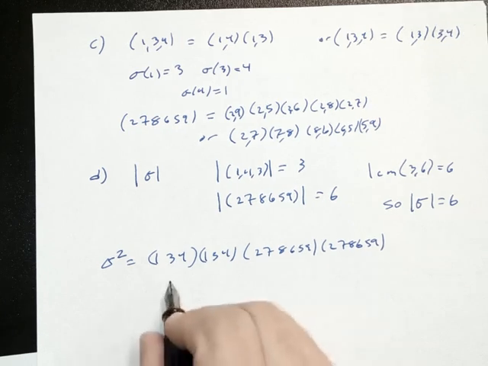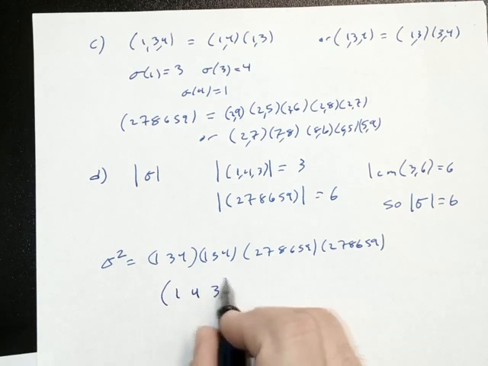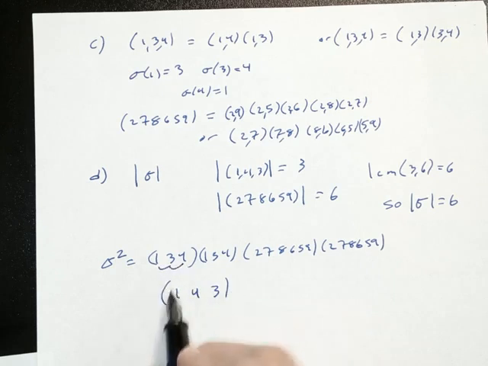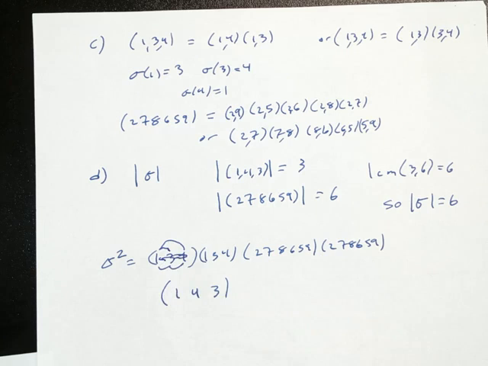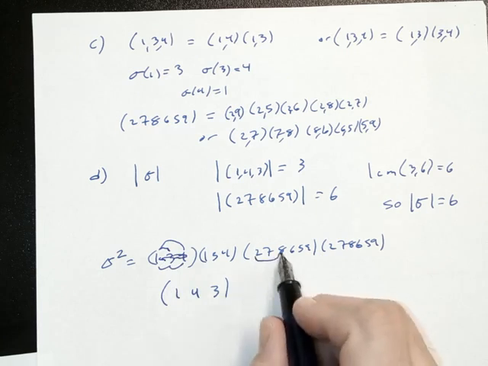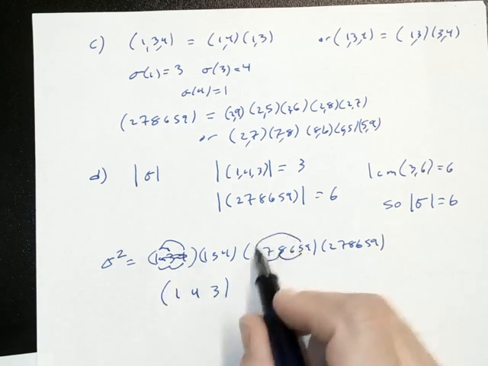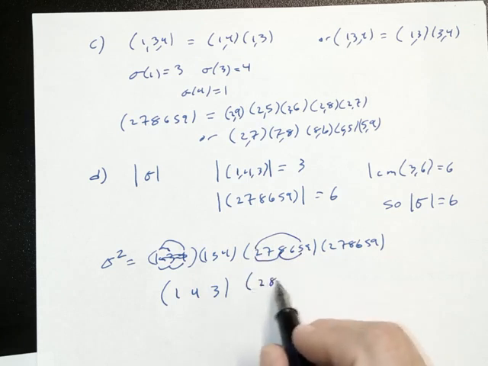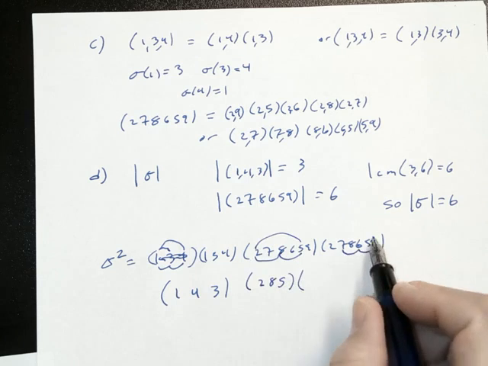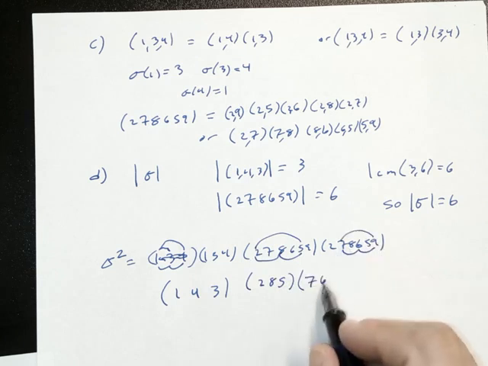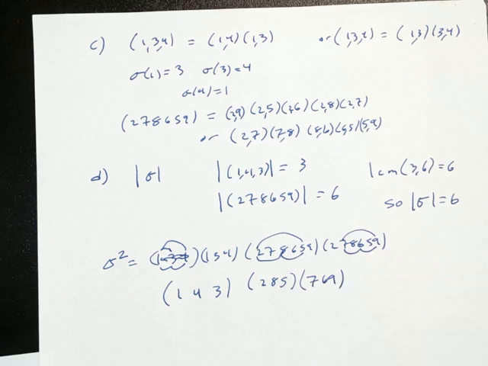So this is 1, 4, 3. Go twice, go twice, twice. Here, we go by twos. Oh, 2, 8, 5. 7, 6, 9.